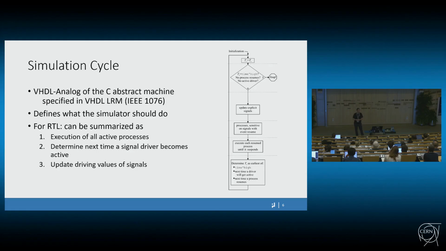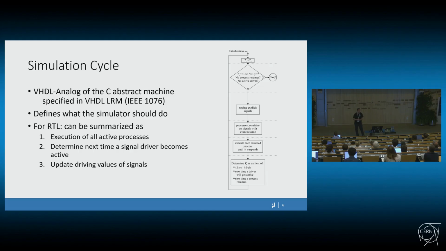If you remove all the complicated edge cases and boil it down, it just condenses into 3 simple steps that suffice for most RTL code. That's just executing all active processes. Then you determine the next time a signal driver becomes active, proceed to this next time step, and update the driving values of the signals with the next value.